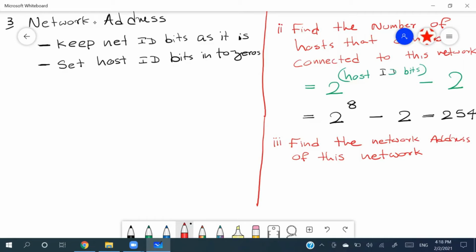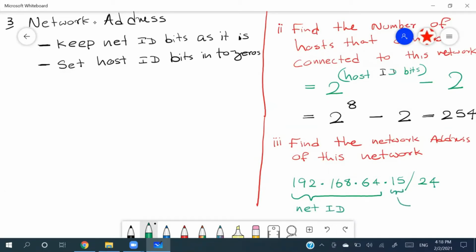So to illustrate that, I am going to write the IP address again. So our IP address is 192.168.64.15/24. So that means this 24 indicates up to this point it is net id, and from this point onwards it is the host id.